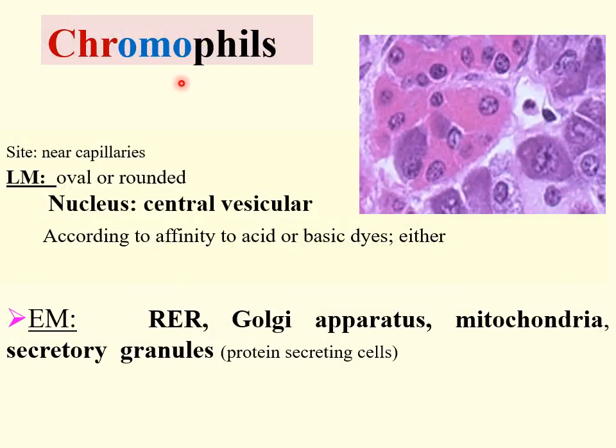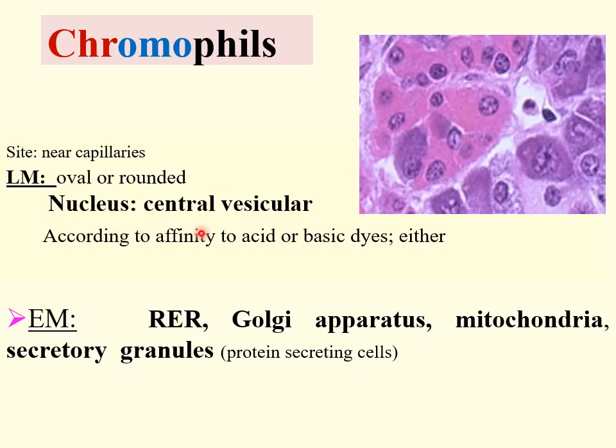Chromophils form about 50% of the cells in pars distalis and have affinity to acidic or basic stains. These cells lie near the blood capillaries. As these cells secrete hormones, they lie near the blood capillaries to secrete their hormones directly into the blood capillaries.